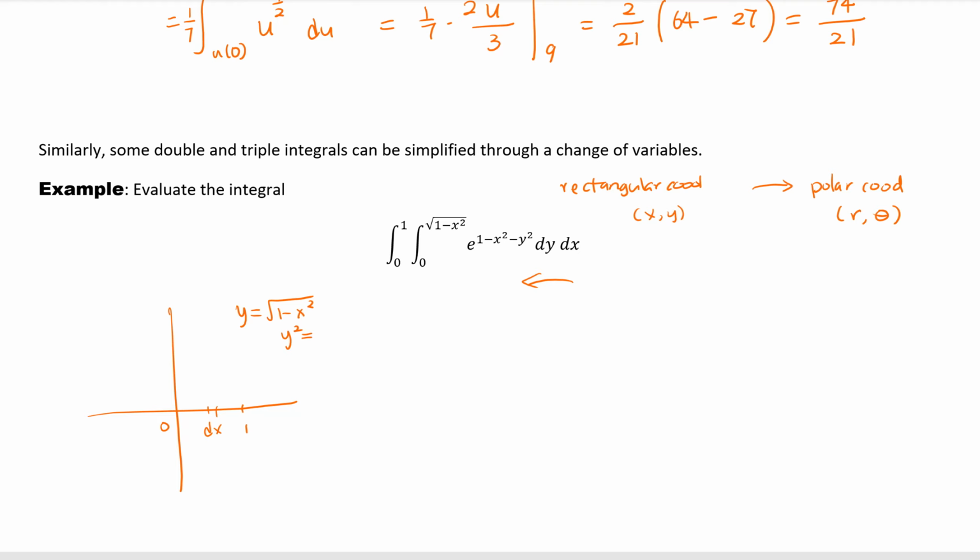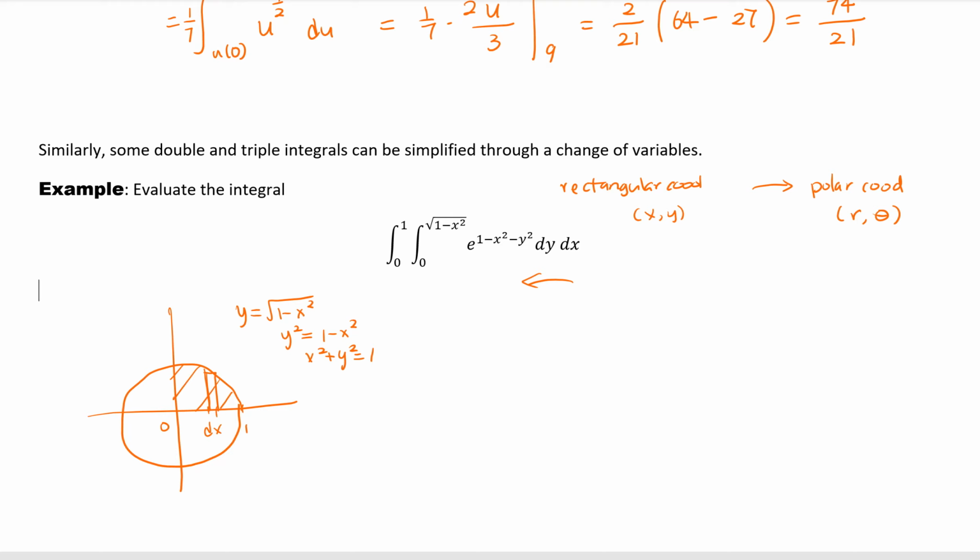This is the same as y squared equals 1 minus x squared. That's the same as x squared plus y squared equals 1. Ooh, this is actually the unit circle. See? Our region looks like this. Okay, and because it's from 0 to this circle, actually we're only in the first quadrant.